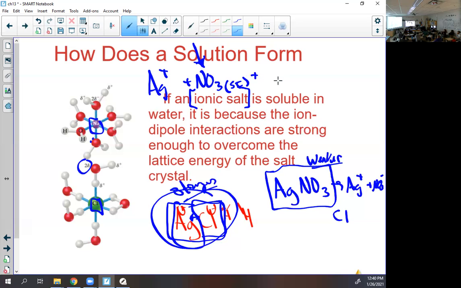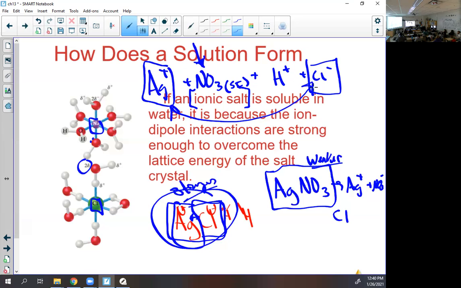Then we put it in the presence of hydrochloric acid, H plus and Cl minus. When these two came by each other, they thought, I would rather hang out with you than water. So we ended up with AgCl as my precipitate, and these two things as my spectator ions.